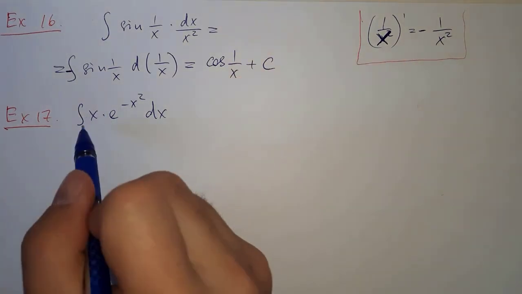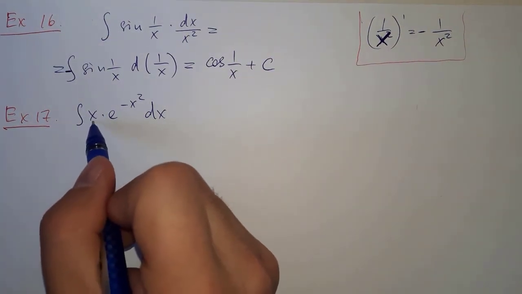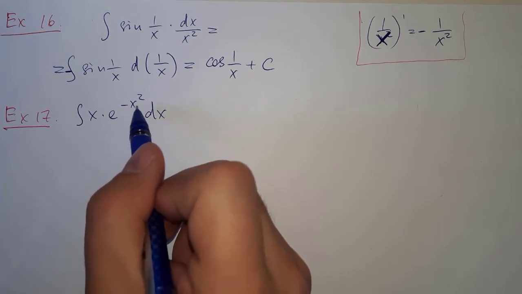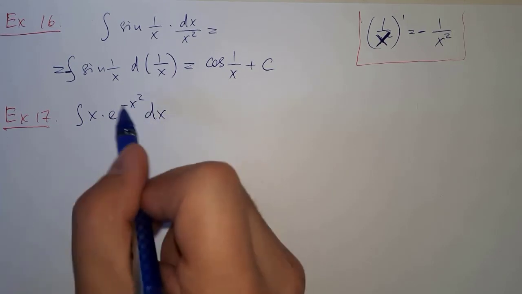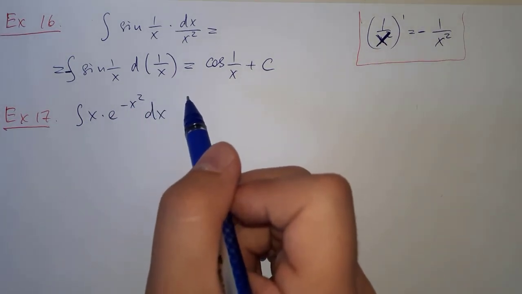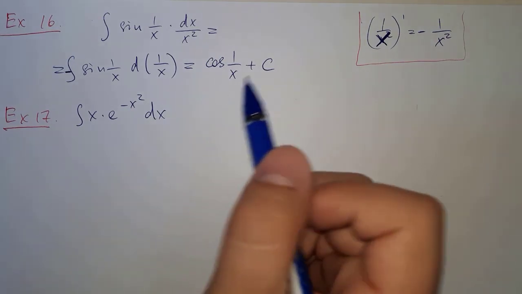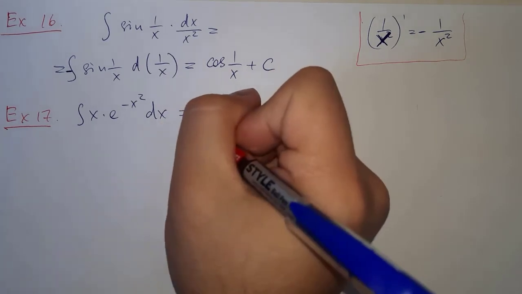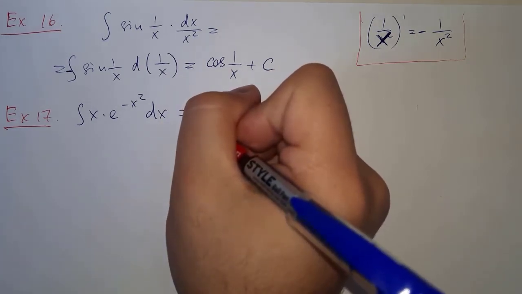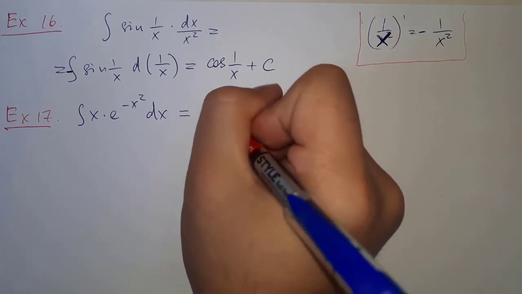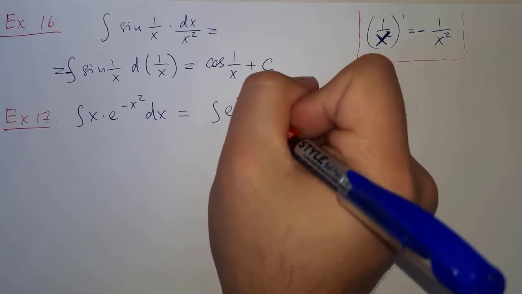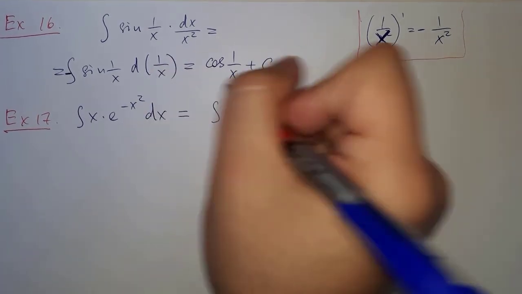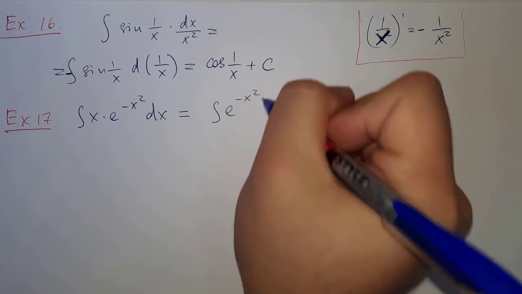Here also we have x, and we can do it in differential of x squared because, again, the derivative of x squared is 2x. That's why here we have the integral of e to the power of minus x squared in differential.